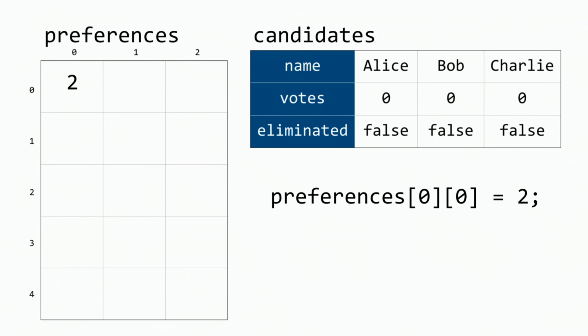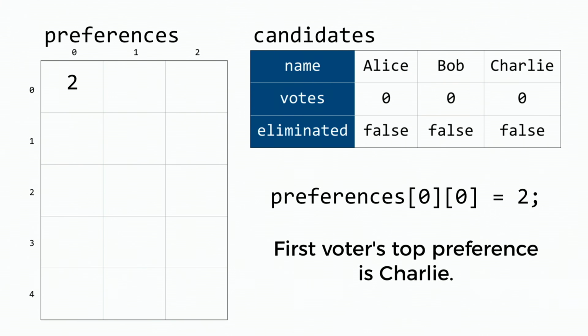And the way to interpret that is that row 0 is talking about the first voter, and column 0 is talking about the first preference for that voter. And the 2 means candidate at index 2, which in this case is Charlie. So preferences[0][0] = 2 means the first voter's top preferred candidate is in fact Charlie.